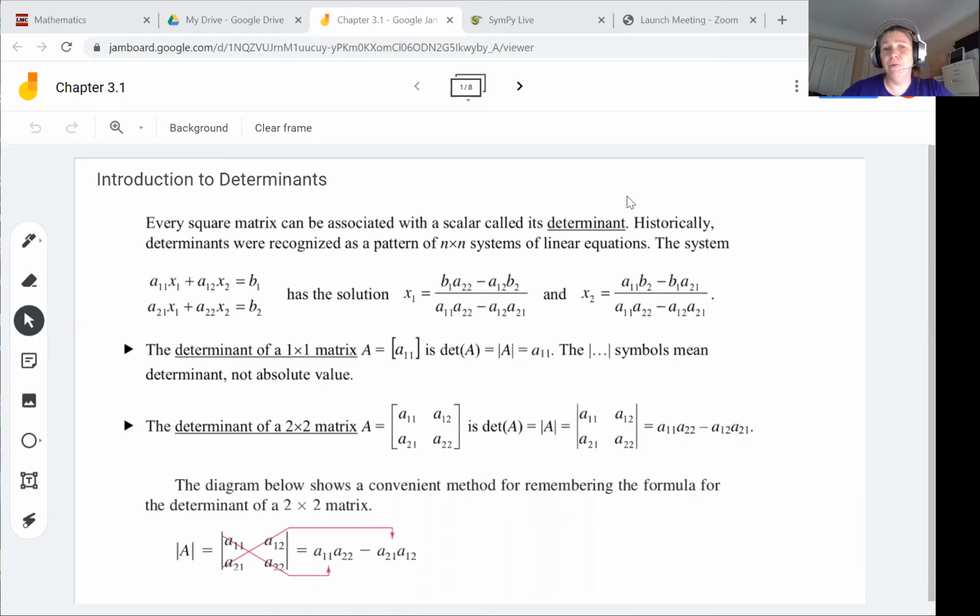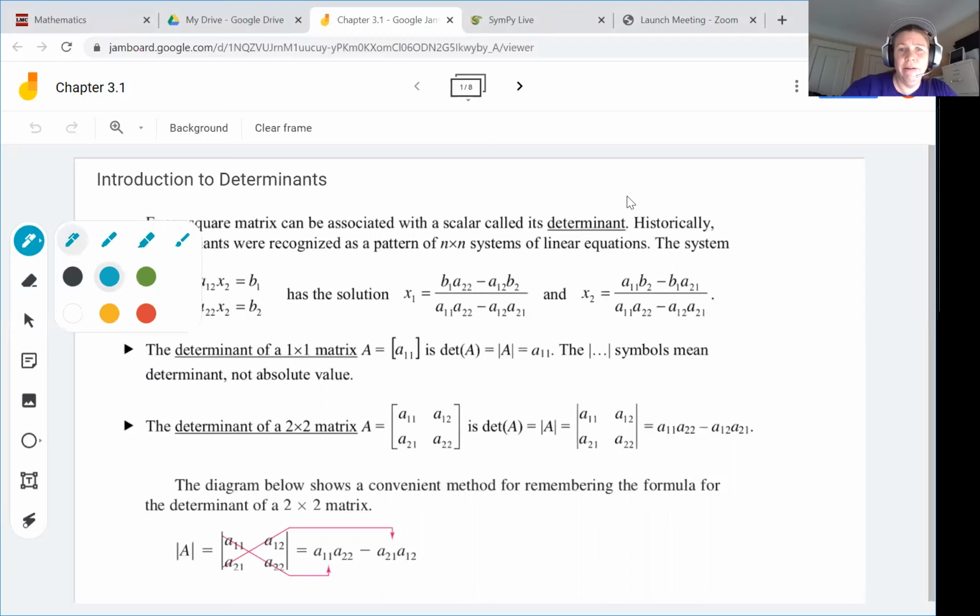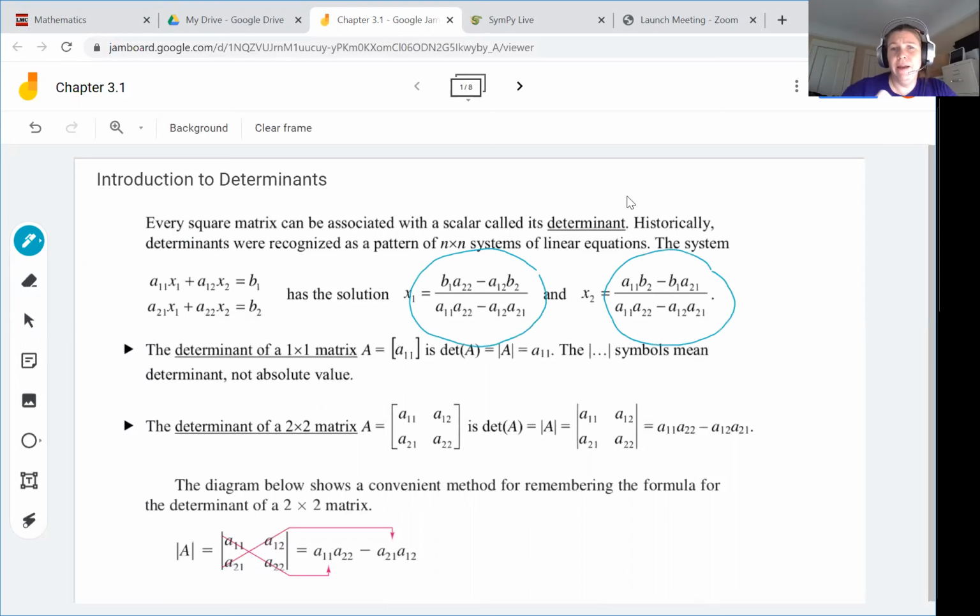Historically, determinants were recognized as a pattern of n by n systems of linear equations. So if we look at the system here with two variables, x1 and x2, and two equations, and four coefficients, a11, a12, a21, and a22, we can calculate x1 using this formula and x2 using that formula.